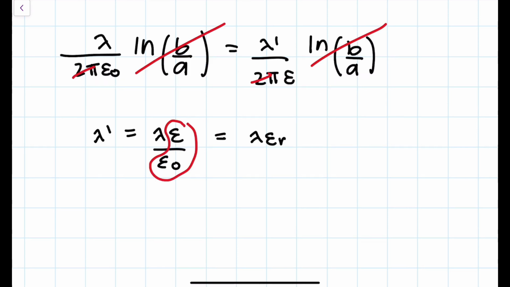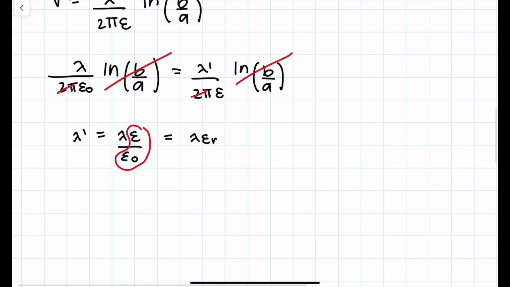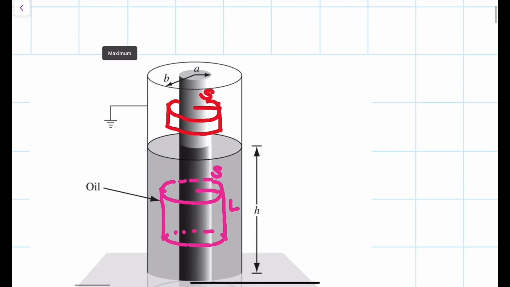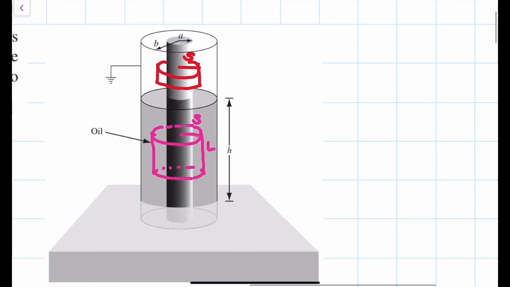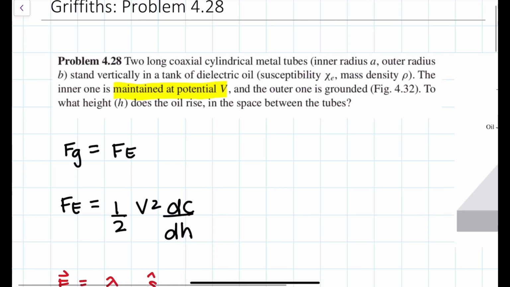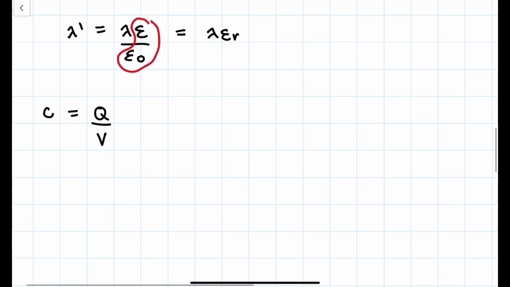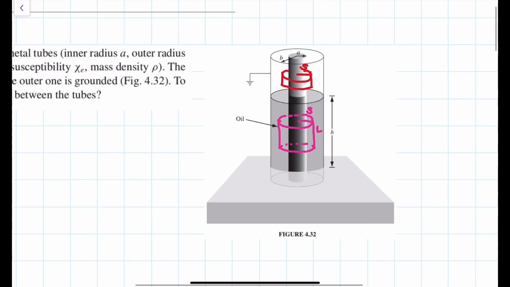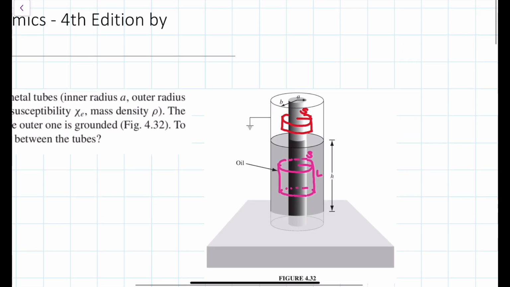Now that we have lambda prime, let's go back to the fact that the capacitance is equal to the charge over the potential. The charge comes from two different parts: the part with the oil and the part in regular air. h is the distance that the oil moves up, and there we use lambda prime.